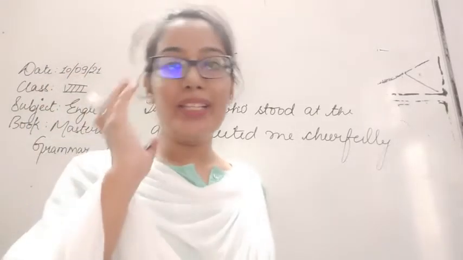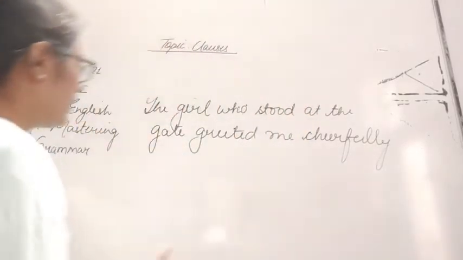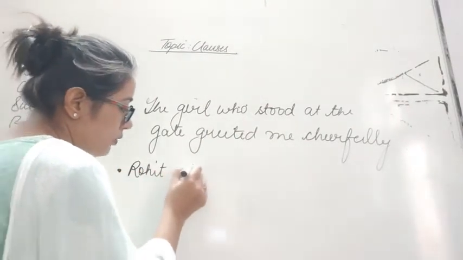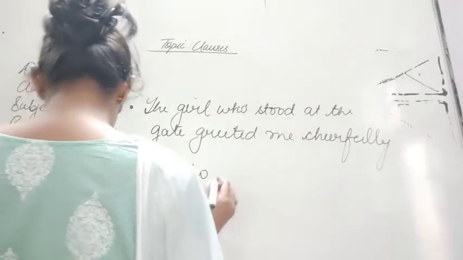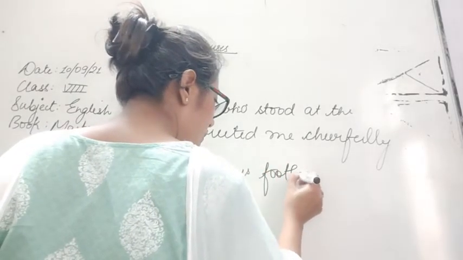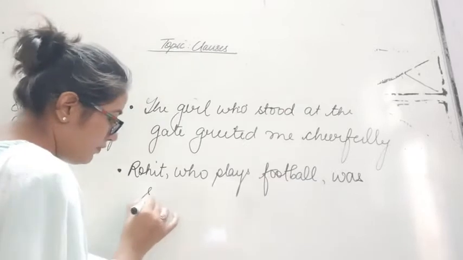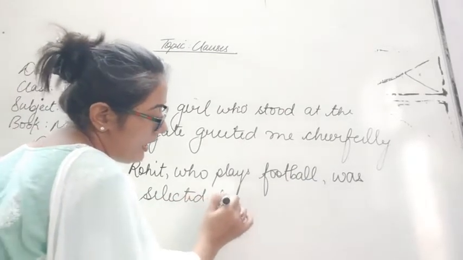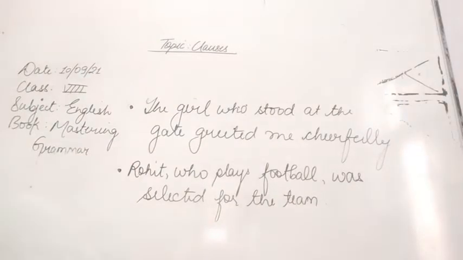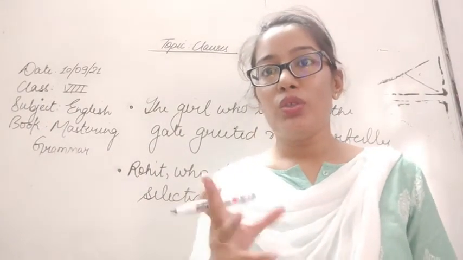If we have to join these two sentences together, it would be Rohit who plays football was selected for the team. So we have joined two sentences together. Rohit, who plays football, was selected for the team. Am I clear, students? Now you understand how to join two sentences together.